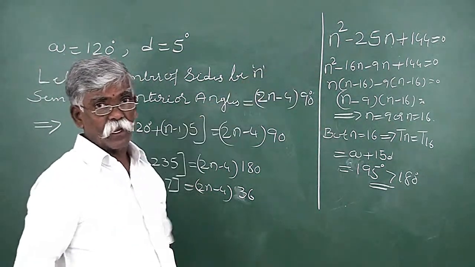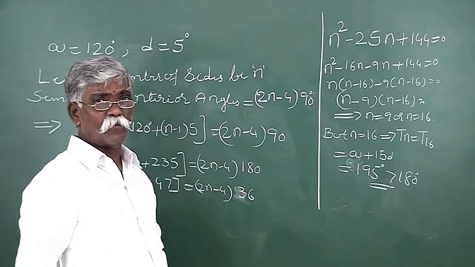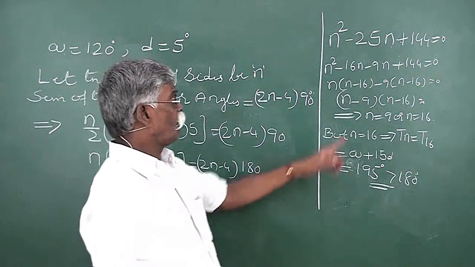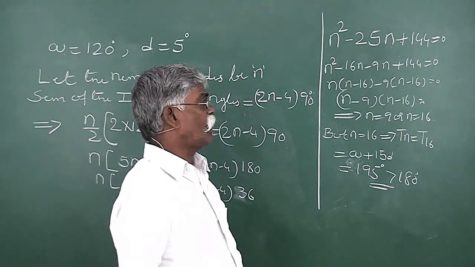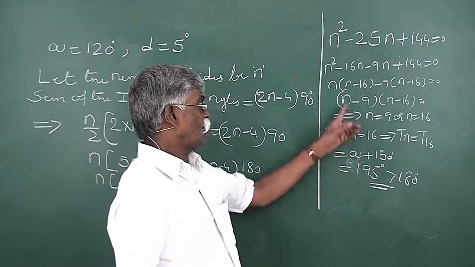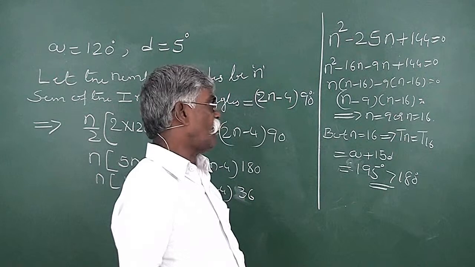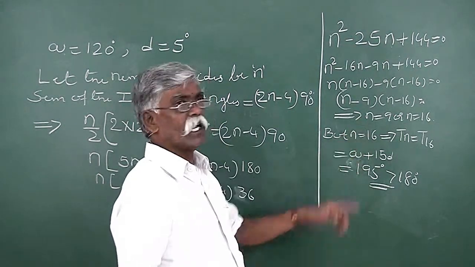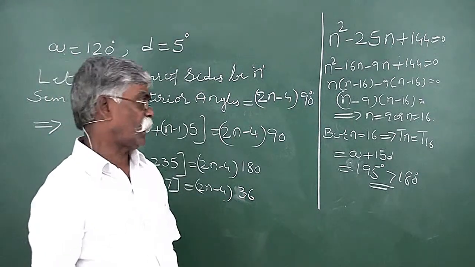This is n square minus 25n plus 144 equal to 0. 25n can be written as minus 16n minus 9n. So this is n into n minus 16 minus 9 into n minus 16. So finally n is equal to 9 or n is equal to 16.